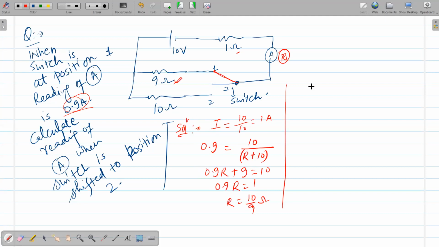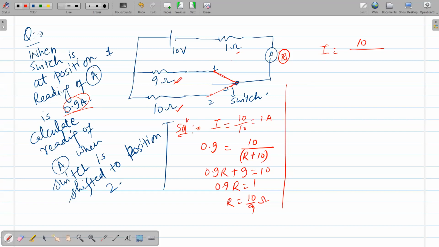Now the question is saying, let's connect this switch with 2, and calculate the reading. Means the question is now asking us to find the current in the circuit. Finding the current would be very easy: 10 by total resistance. The 9 ohm will not be in the circuit anymore, right? 10 ohm is now in the circuit.